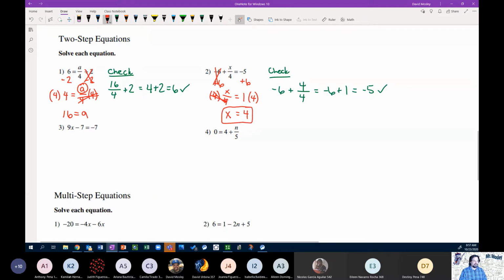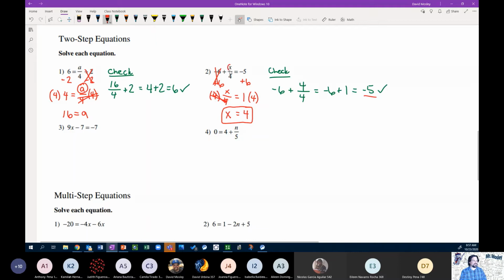So that means if I replace x with 4 in the original equation, which was -6 plus x divided by 4 equals -5, then if I did all my work properly, I should get -5 as the result, right? So I just replace it. I rewrite the equation, -6 plus 4 over 4, because x is now 4.